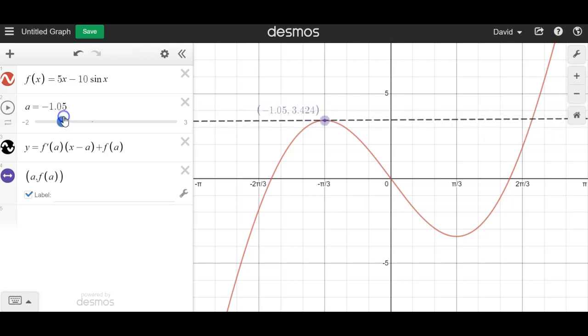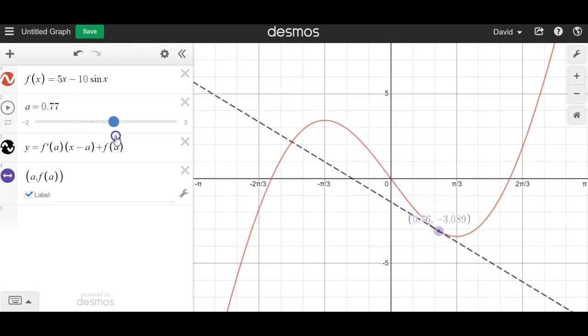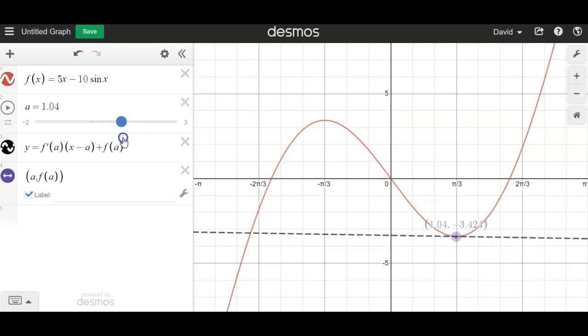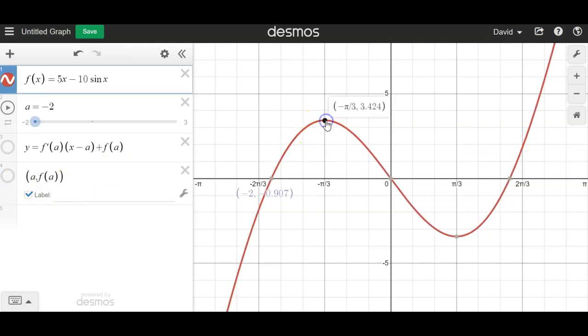It has a slope of 0. So what we're hopefully finding out in this section, this homework set, and this chapter in general, is that horizontal tangent lines occur at these peaks and valleys. One really cool thing about Desmos is that when you click on a graph, it automatically gives you the location of horizontal tangents.